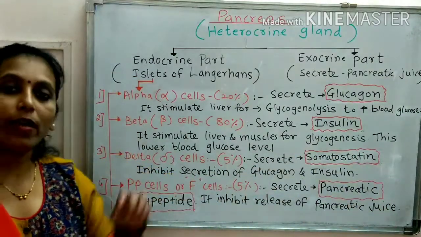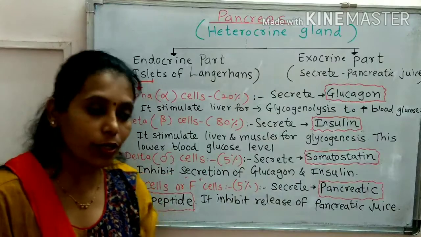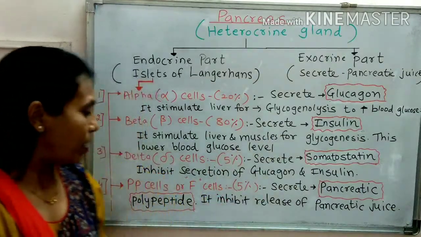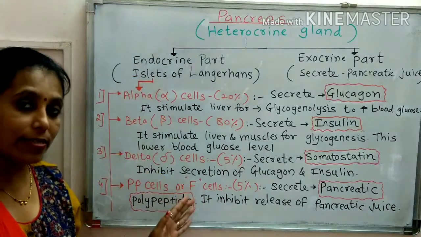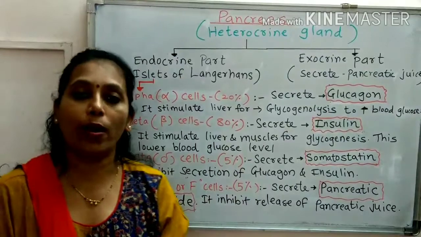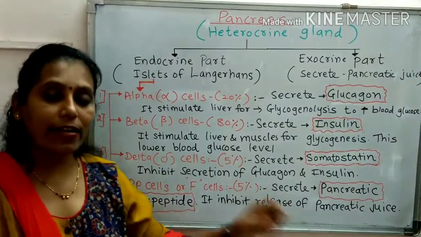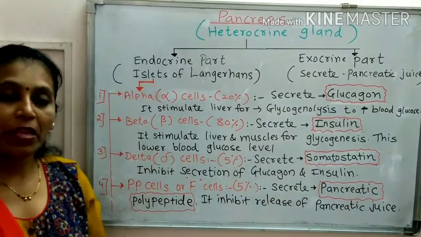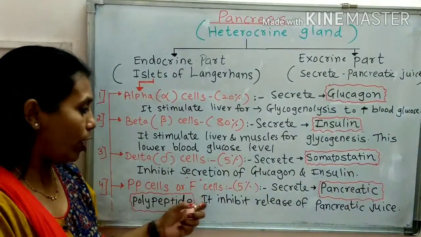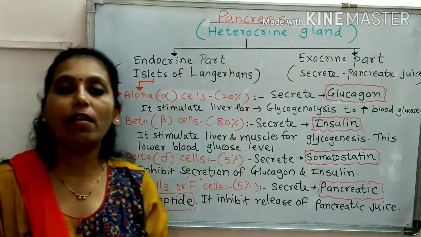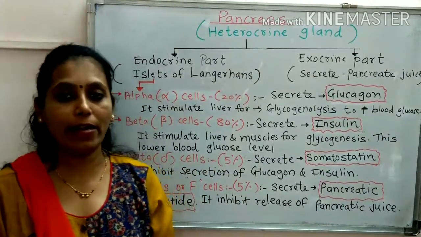This hormone inhibits the secretion of glucagon as well as insulin. Now come to the last, PP cells, pancreatic polypeptide cells, also called F cells. They secrete the substance called pancreatic polypeptide. The function of this pancreatic polypeptide is that it inhibits the release of pancreatic juice.